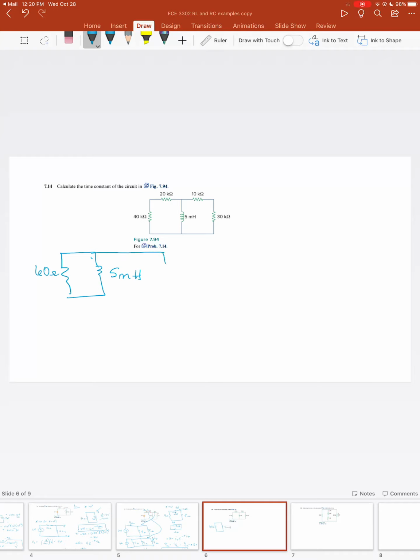And then here is our 5 millihenry inductor, and by the way, that is kilo ohms, and a 30 and 10 in series would give us 40 kilo ohms. And now you notice everything is in parallel, so we'll combine the 40 and the 60.